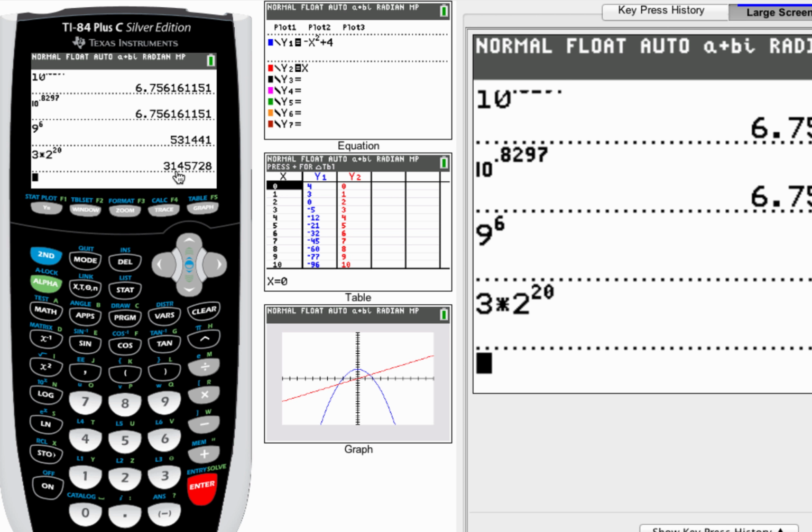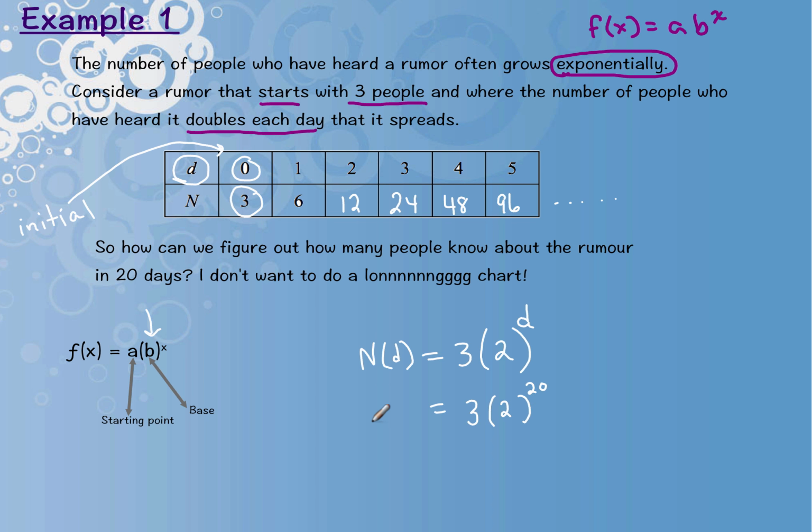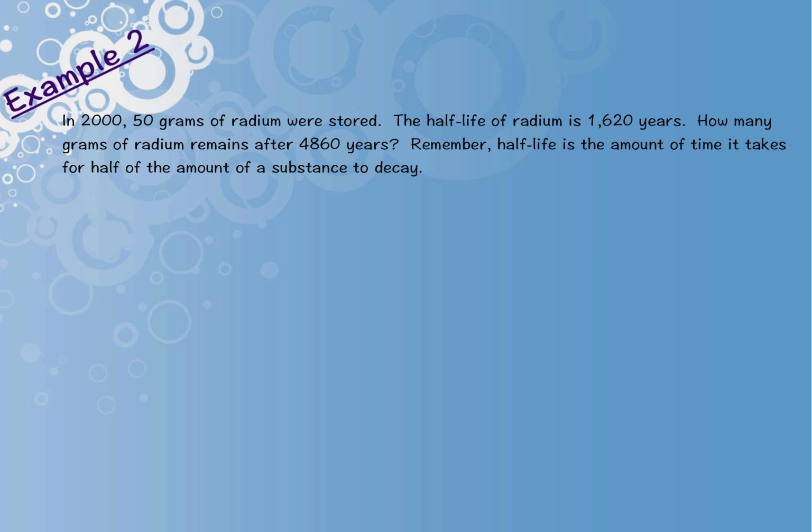Wow, look at that number. 3,145,728. That is a lot of people after 20 days. Wow. That's why rumors spread quickly.